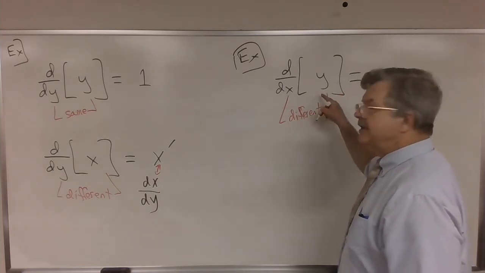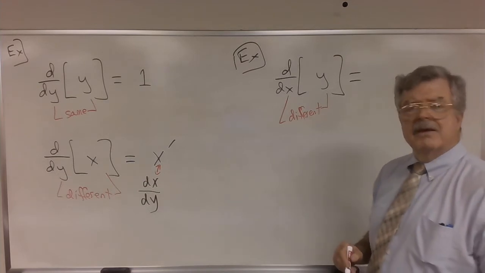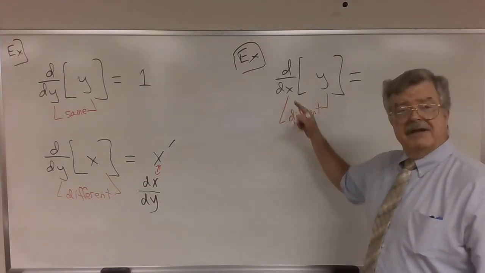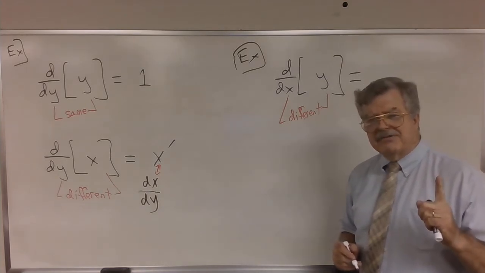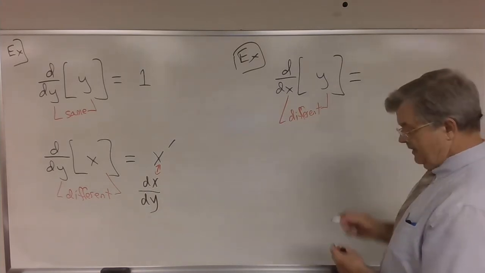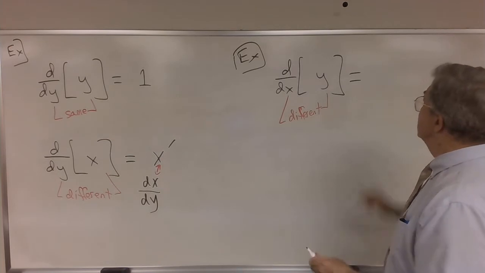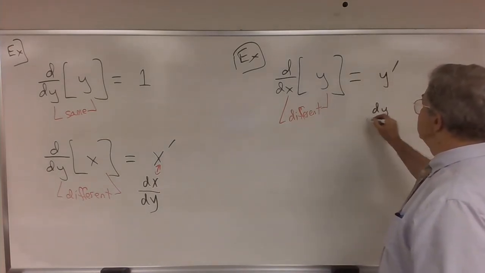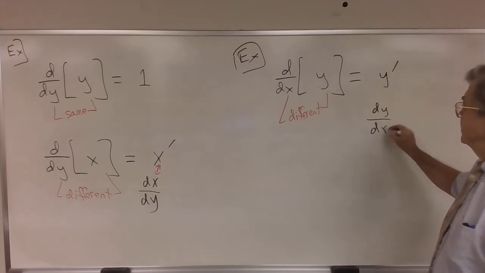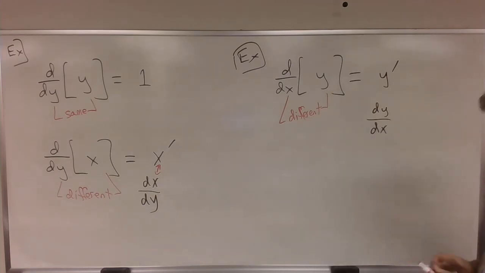So how do we treat this? y is a function of x, isn't it? So the derivative of y as a function of x is going to be y prime, alias dy/dx.